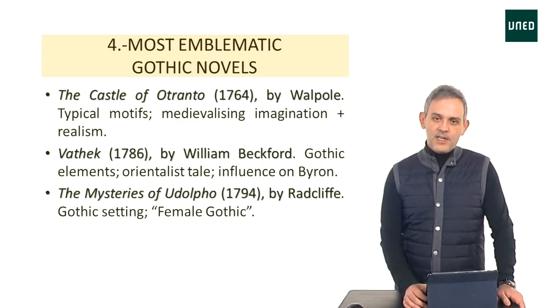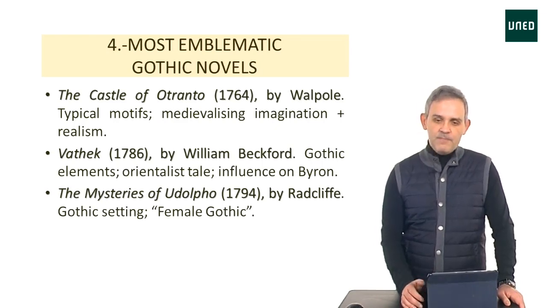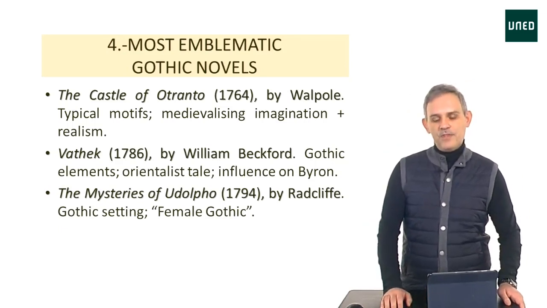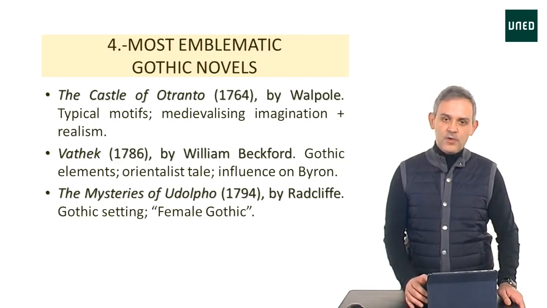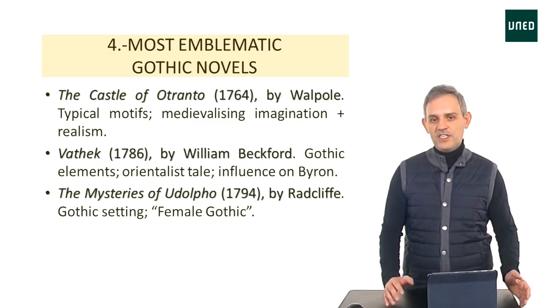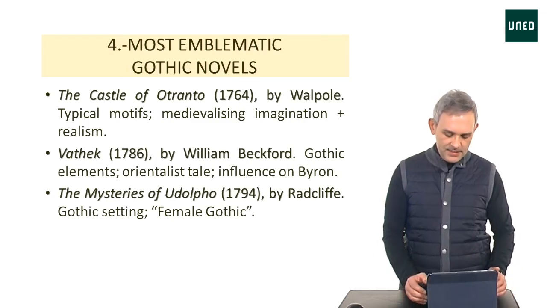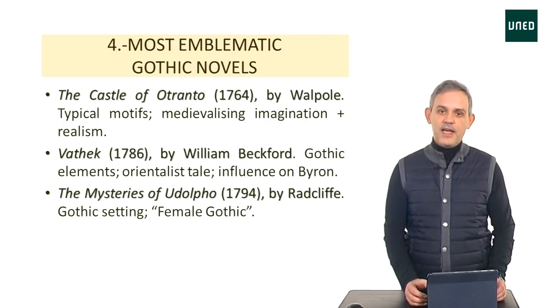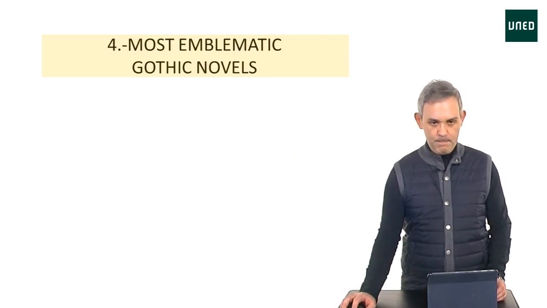And the protagonist of The Mysteries of Udolpho is a young girl, Emily, who is taken to her uncle's castle, to the castle of Udolpho. Her uncle is called Montoni, and in this castle, where she is secluded, she experiences a number of mysterious events, and she is also exposed to her uncle's cruelty and dubious intentions.